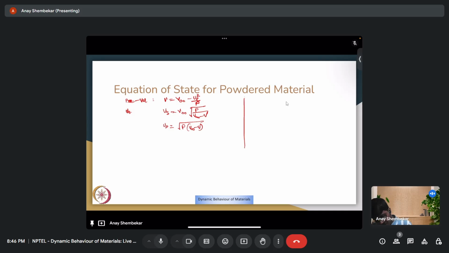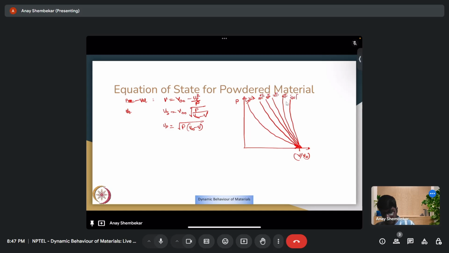So if I plot this for the pressure versus relative volume, for a solid my line would look like this. Whereas this is how it would look for different levels of porosity. So suppose this is 90%, 80%, 70%, 60%, 50%.